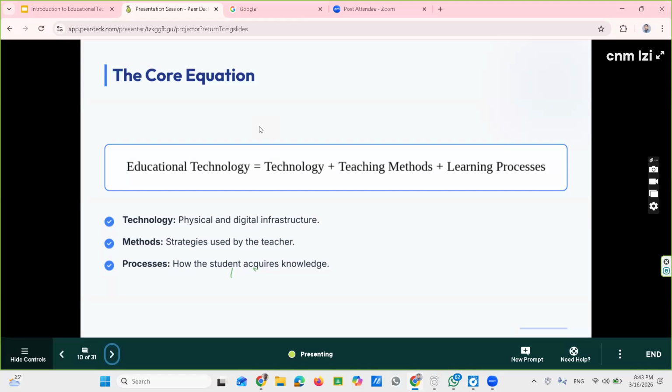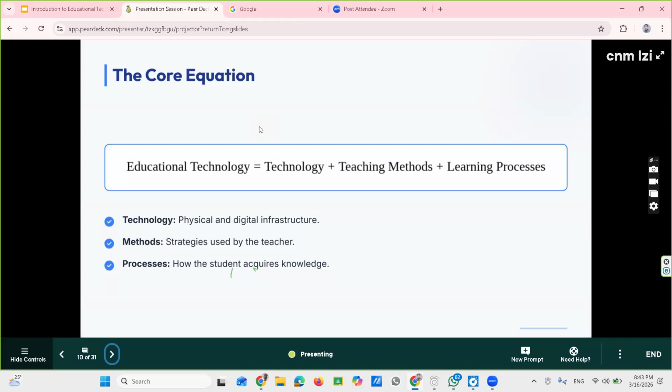Right? The mix of all of these things is educational technology. The technology is there, teaching methods, right? There are teaching methods in this equation, and from the student point of view, the learning process, right?